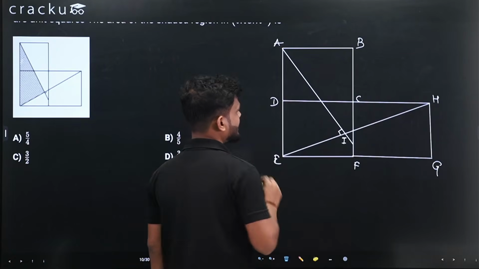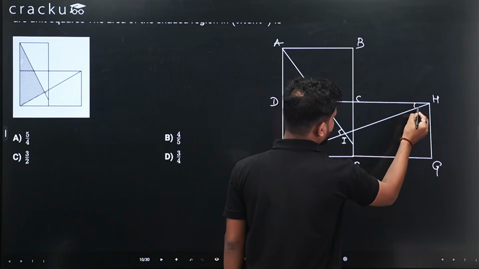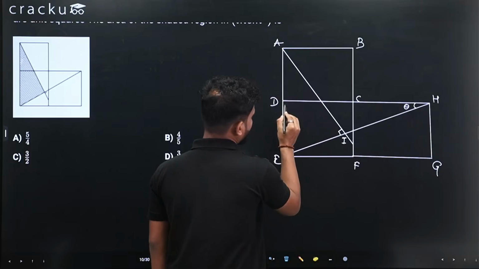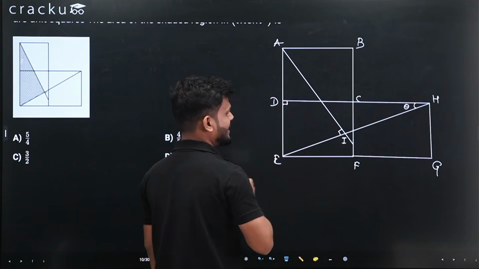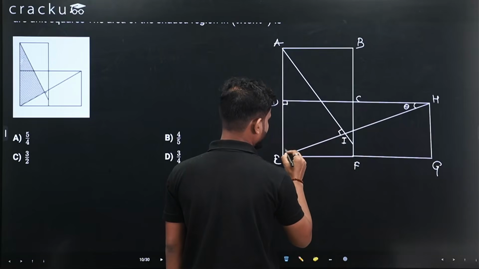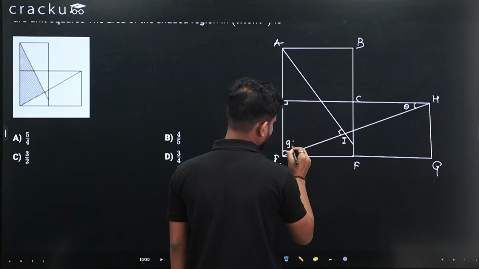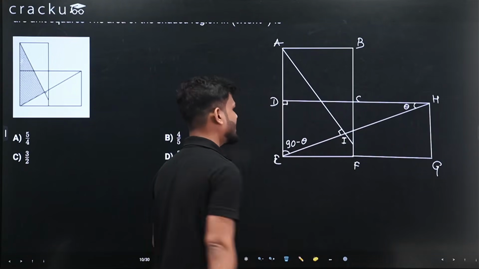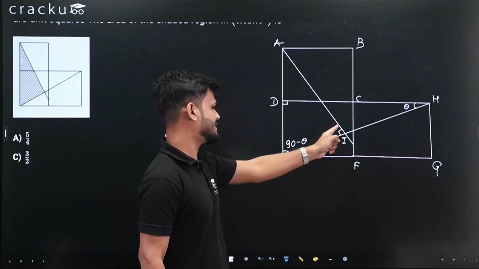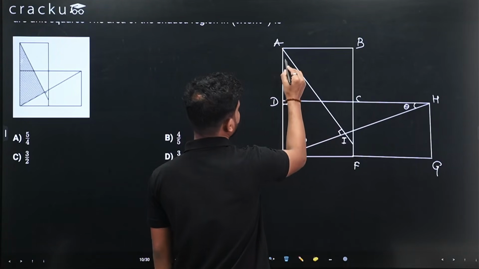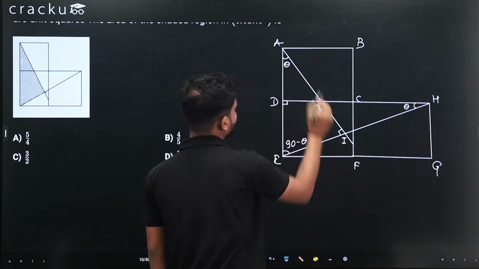Now if you see, if I assume this angle as theta, I know this is 90 degree. So in triangle HDE, this is 90, this is theta. So this will be 90 minus theta. Correct? Now in right angle triangle AIE, this is 90, this is 90 minus theta. This will be theta.